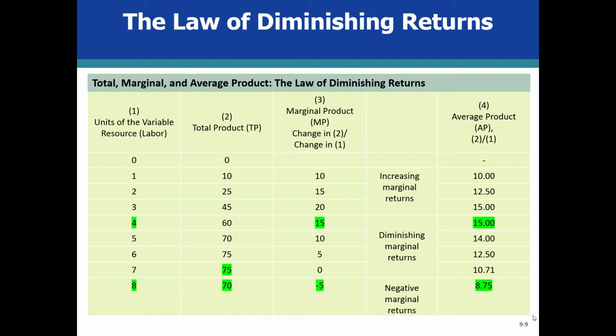The law of diminishing returns should be very obvious starting at 4 units of labor. I'd review this table after the lecture, and obviously review it prior to any quiz or test on the subject.